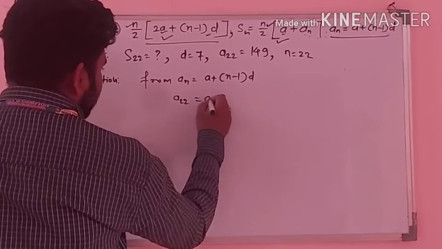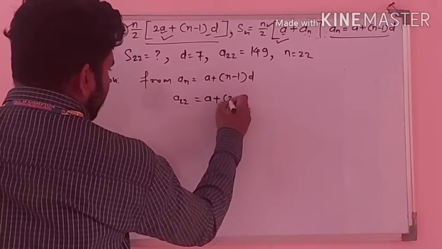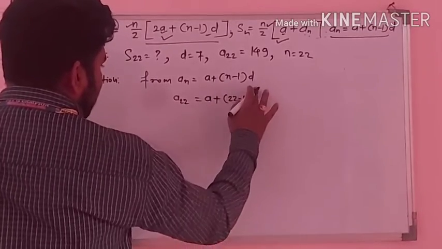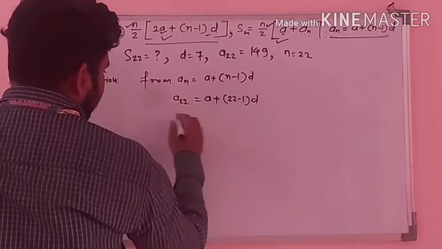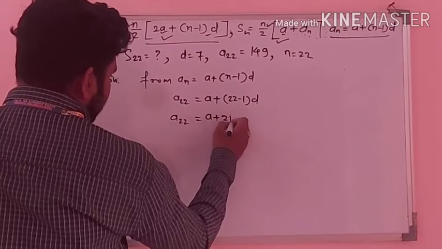This one is A22, A plus 22 minus 1 D. The value of D we will put later. So A22 is A plus 21D.